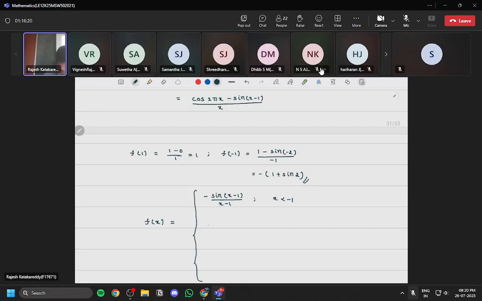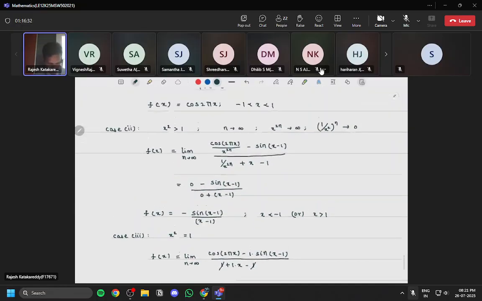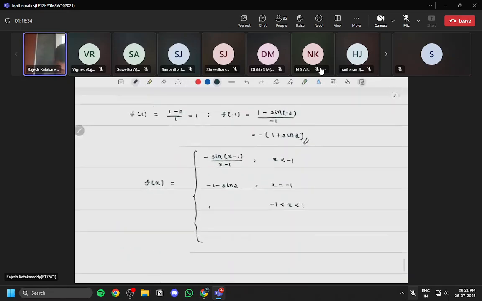Minus 1 minus sin 2 at x equals minus 1. For minus 1 less than x less than 1, it is cos 2 pi x. At x equals 1, it will be 1. For x greater than 1, minus 1 into sin x minus 1 divided by x minus 1. Continuity needs to be verified. The points of doubt are minus 1 and plus 1.